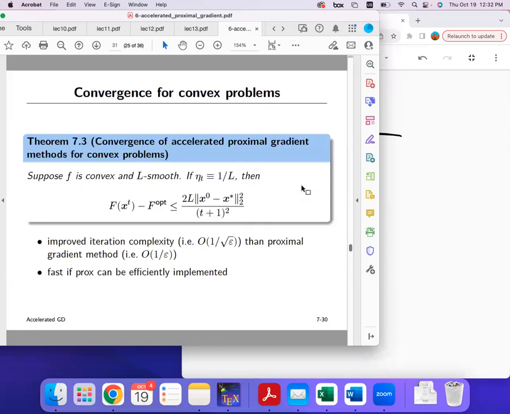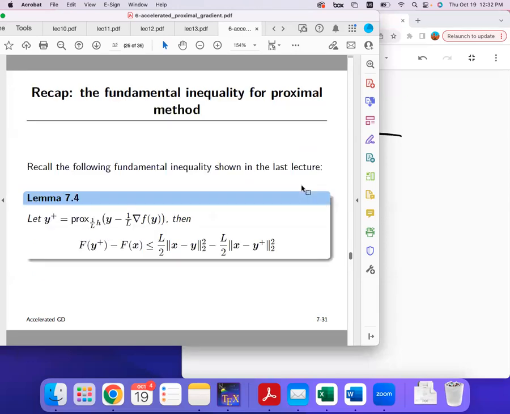And today we will see how to prove this result based on all the technical tools that we have developed so far. Recall that when we introduced the standard proximal gradient method, we proved the following fundamental inequality.